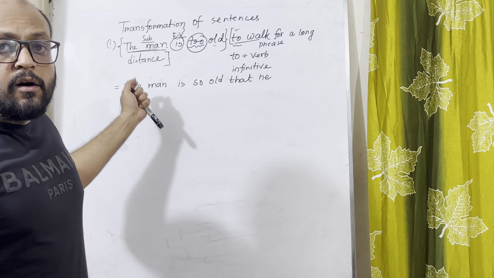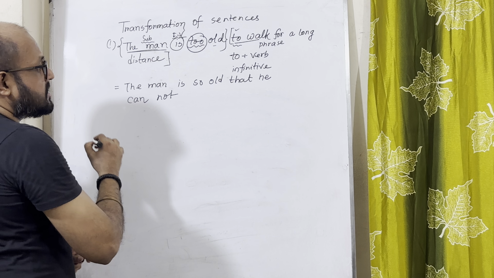If it was the woman, we would use the pronoun she. And now I will apply a modal verb can with the negative adverb not. Why am I making it negative? Because remember that in this sentence the idea is telling us that this man is unable to walk, and that is the reason we need to make it a negative sentence.